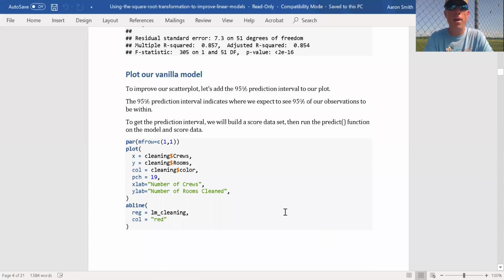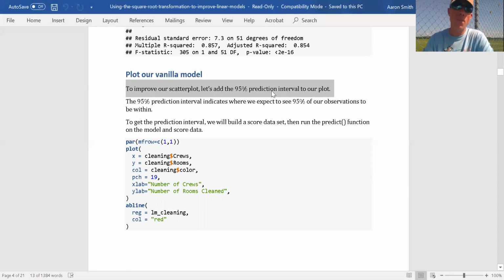All right, so let's go ahead and plot our vanilla model. Remember, the most important diagnostic I can do for a linear regression model is a standard scatter plot. Something I'm going to do that's a little bit different on this one is a 95% prediction interval on our plots.